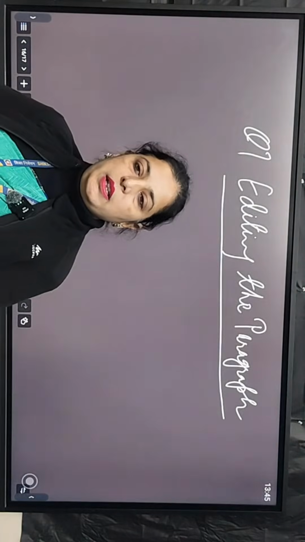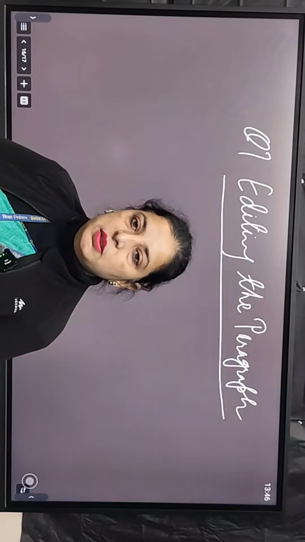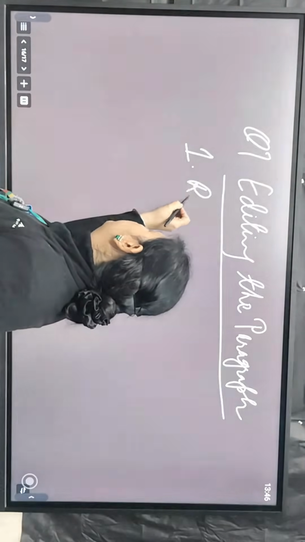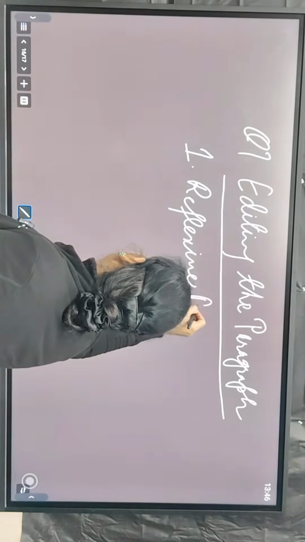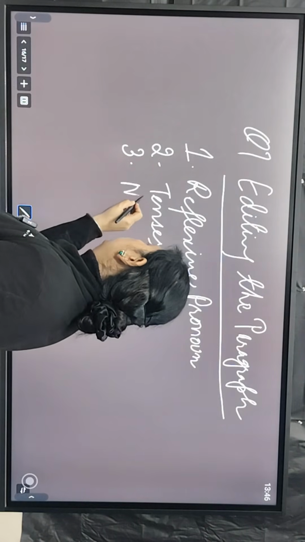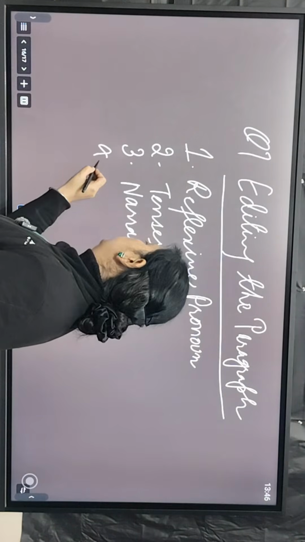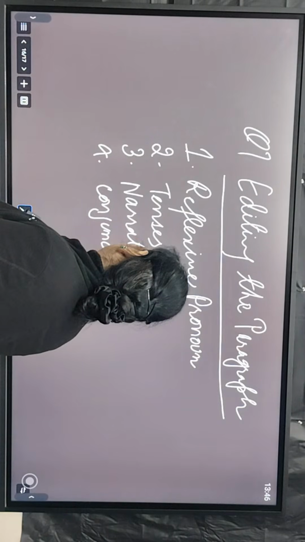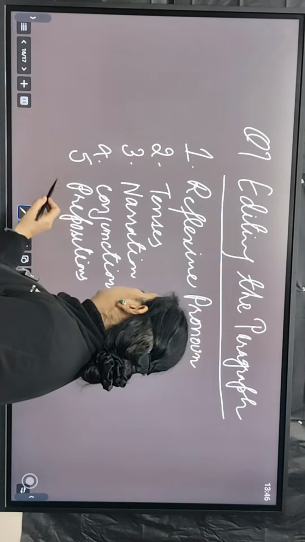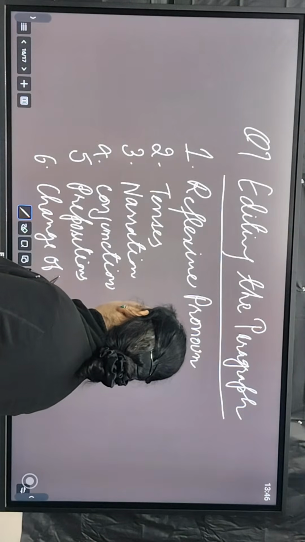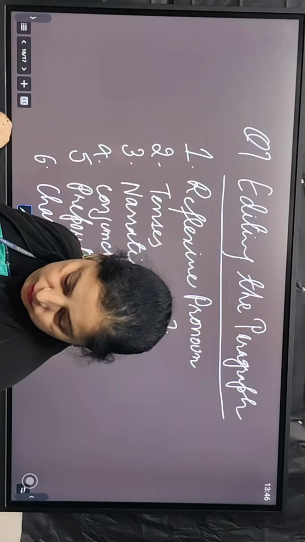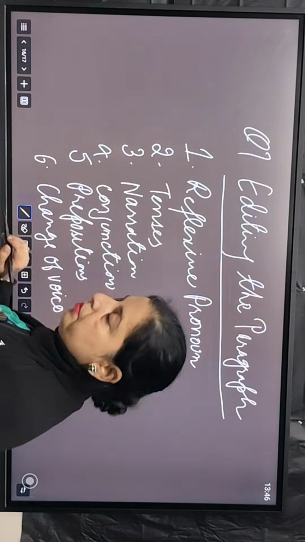You will be given a paragraph and in that you have to make corrections. You have to make corrections in it. Please make sure which areas of grammar your mistakes come from. First is reflexive pronoun, second is tenses, third is narration, fourth is conjunction, fifth is prepositions, sixth is change of voice, seventh is punctuation.